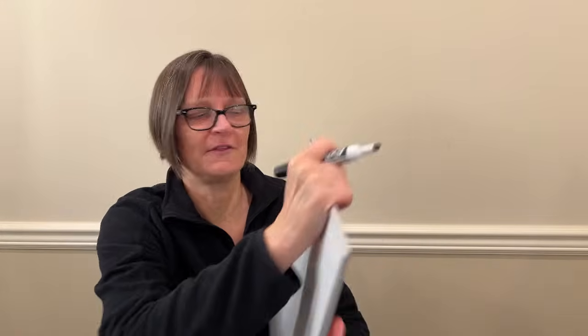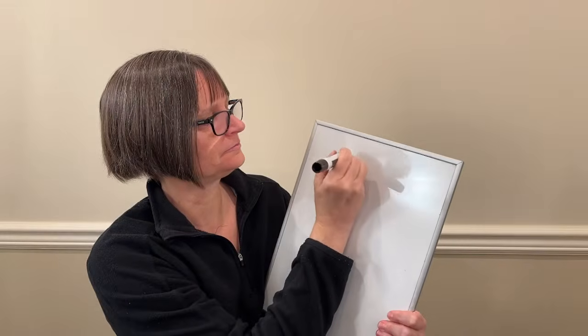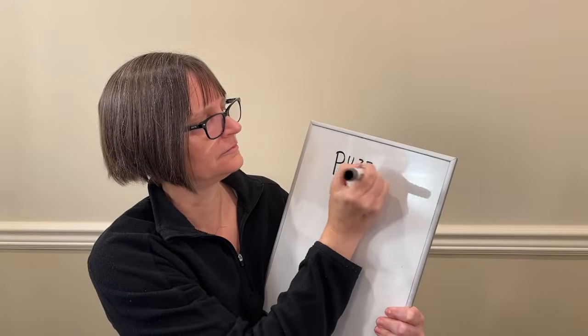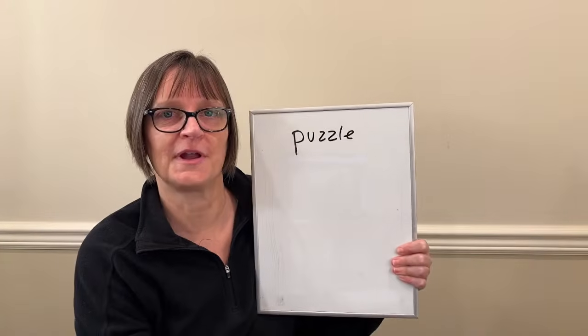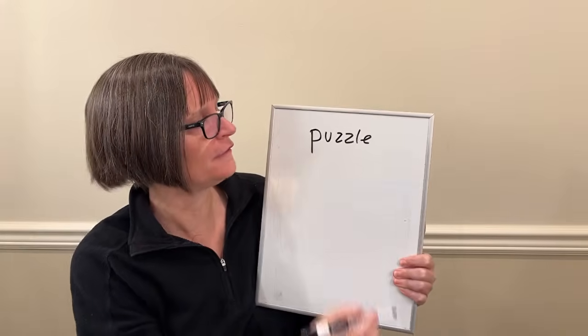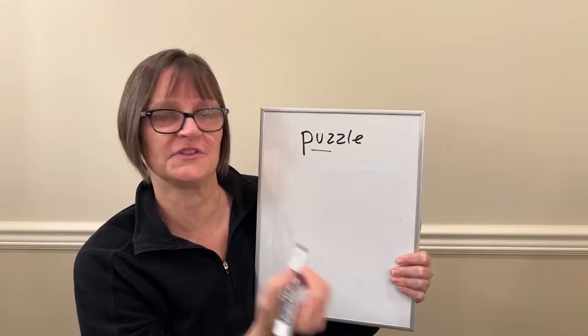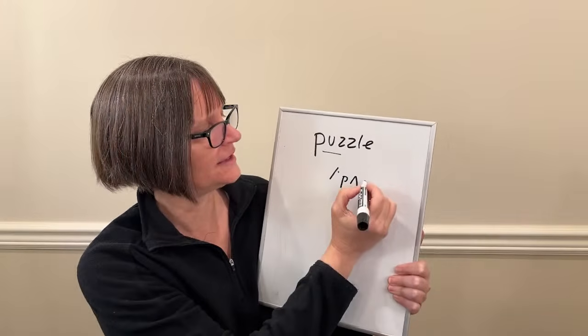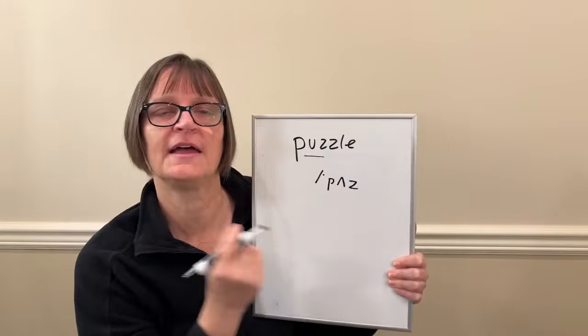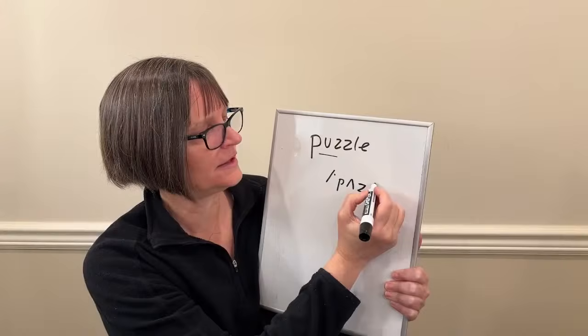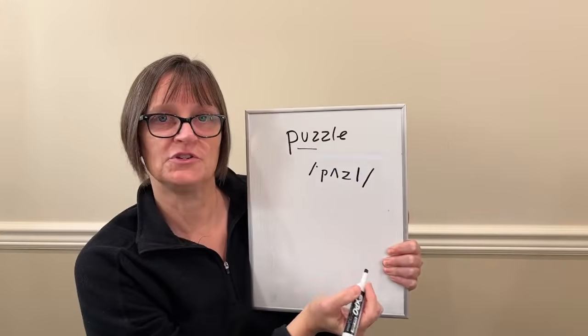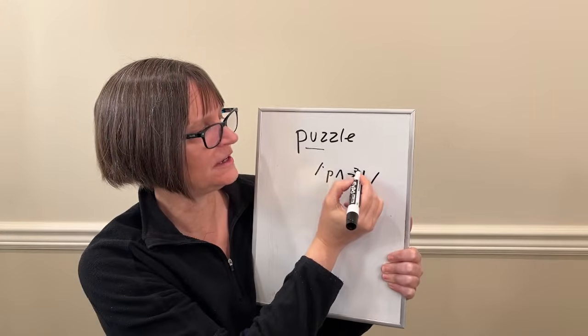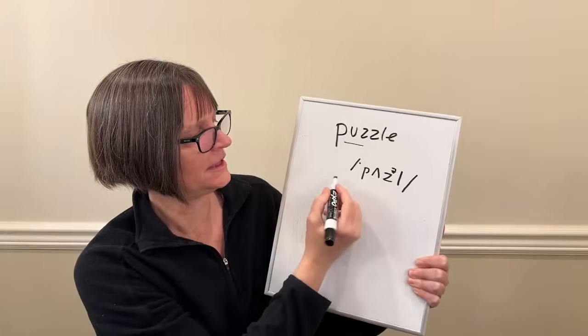We have a question about the word puzzle. Let's look at how to pronounce puzzle. We have first syllable stress. Letter U says the uh sound. So it's a schwa. Letter Z's say the z sound. And then we have a syllabic L. So in the dictionary, you might see that with just an L, or you might see a little schwa sound before it. Puzzle.